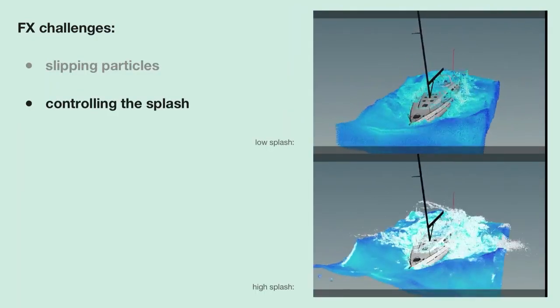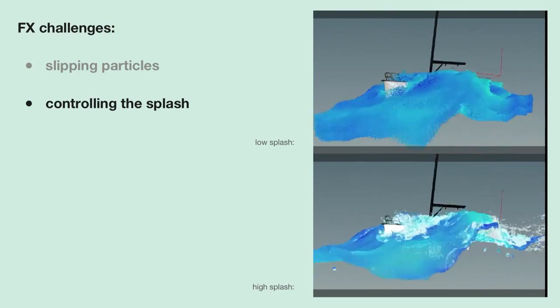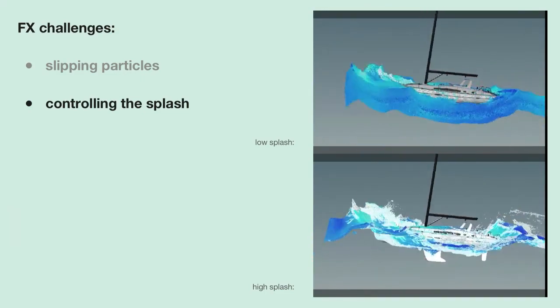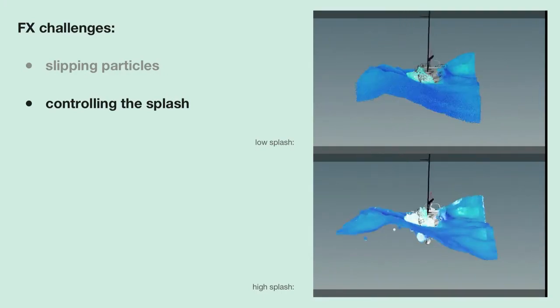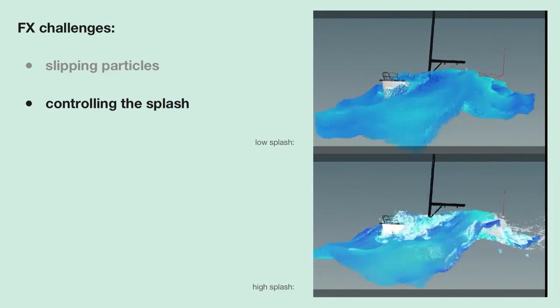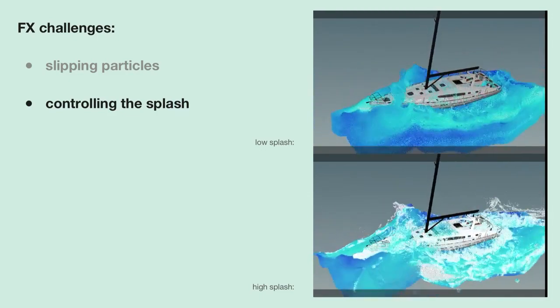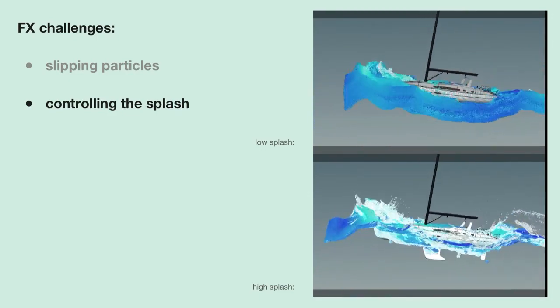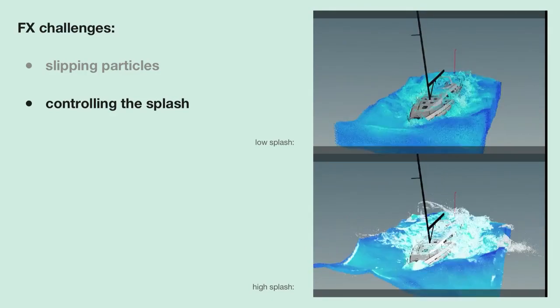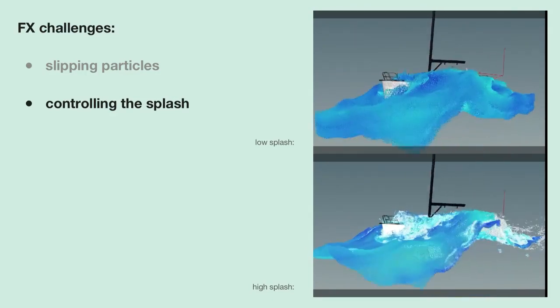As we were working with these simulations, we were looking at a ton of reference, and we felt that we weren't getting enough energy to the sim. At this stage of the R&D, we didn't want to be dialing in per shot extra velocities and other ways around it. So we wanted to get to the heart of why this was happening. And the biggest contributing factor we felt was the layer depth.